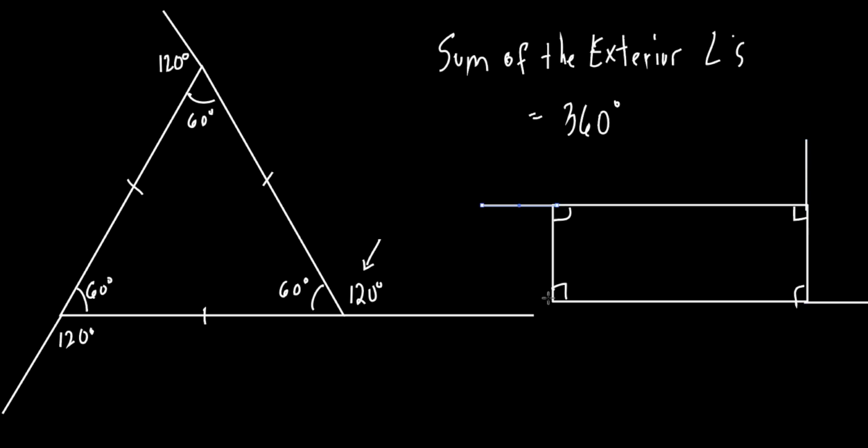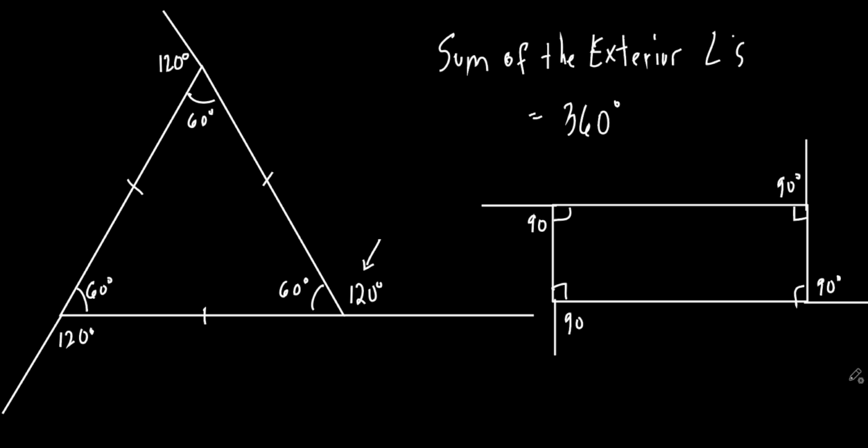Extend this one. Extend this one. Okay? You with me? So if this is 90, what's this? That's 90. I'll just put a 90 here instead of a box. If that's 90, what's this one? 90. Okay? What's the sum of the exterior angles on this one? It's still 360.